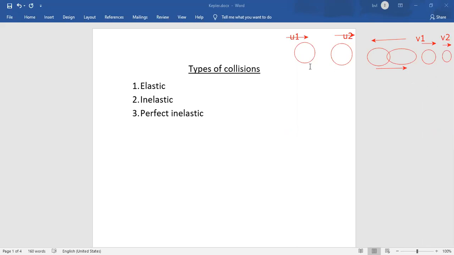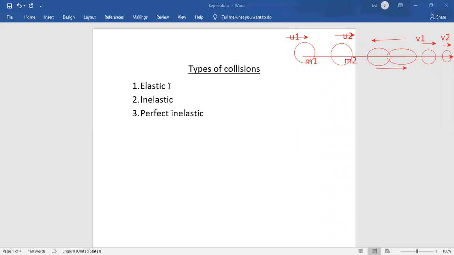Both are moving along the same straight line. We have discussed linear momentum during this collision, with m1 the mass of the first object and m2 the mass of the second object.